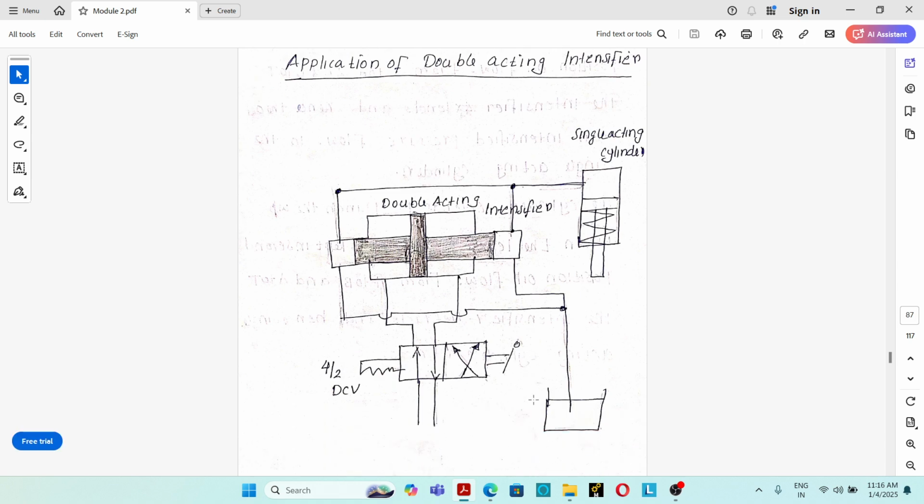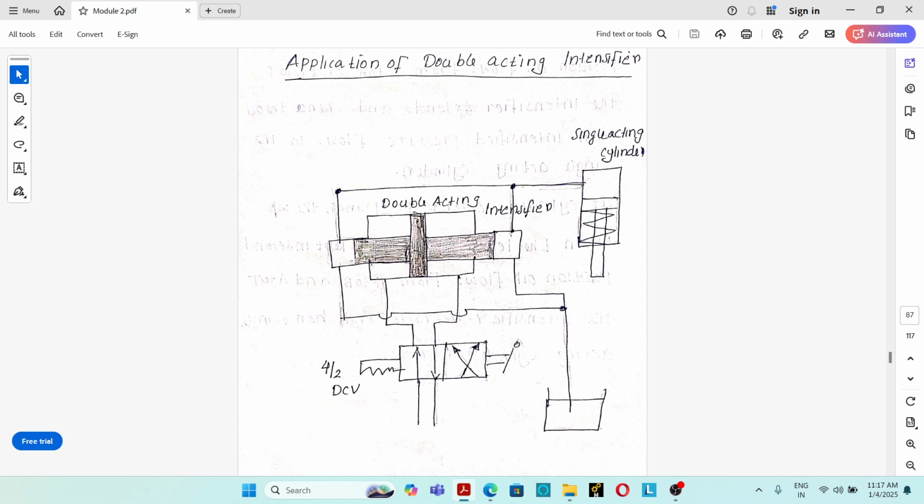Then we have the working of the double acting intensifier. In both sides, high pressure hydraulic oil can be produced. If you require high pressure hydraulic oil on the right side, hydraulic oil from the pump flows to the left side of the low pressure chamber, exerting a force. The low pressure piston moves towards the right and pressurizes the hydraulic oil in the high pressure chamber.